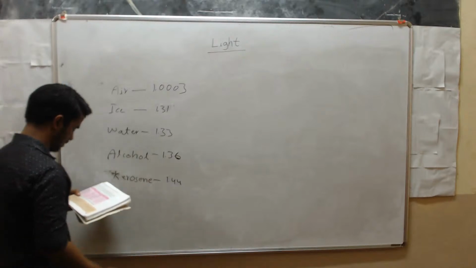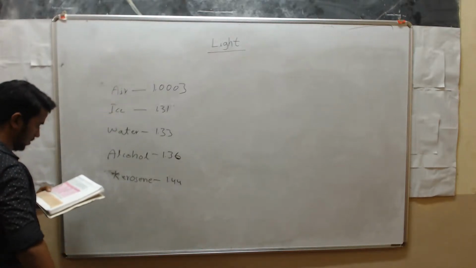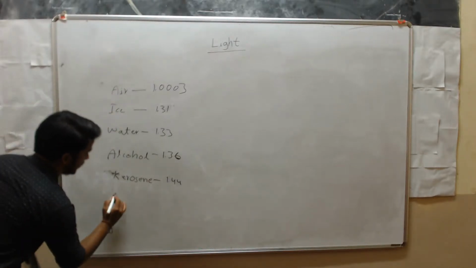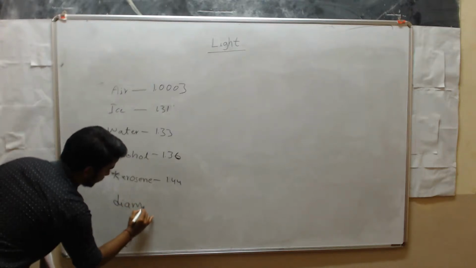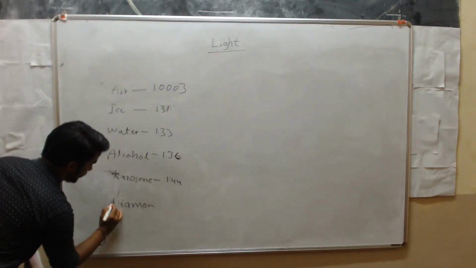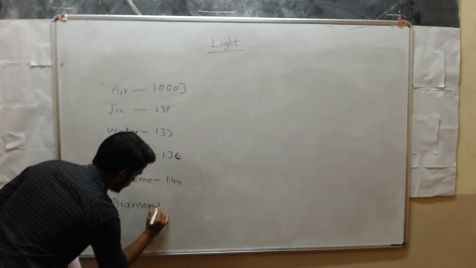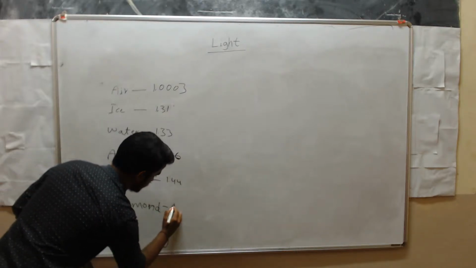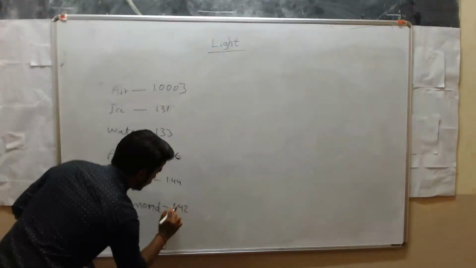Here they give many refractive indices of the media, so I write a few. Diamond is 2.42.